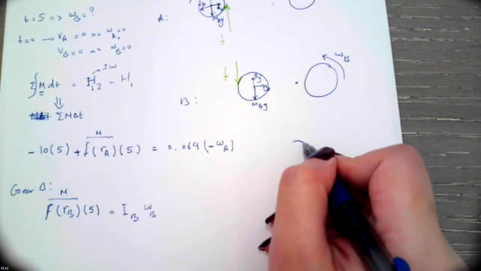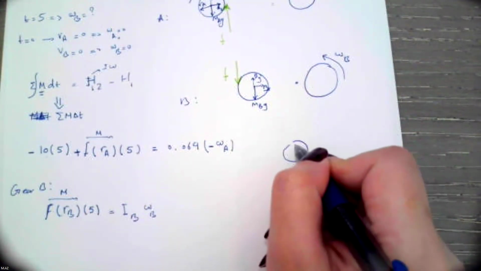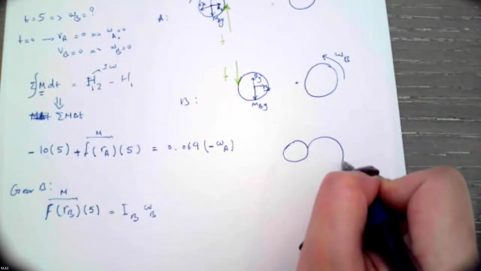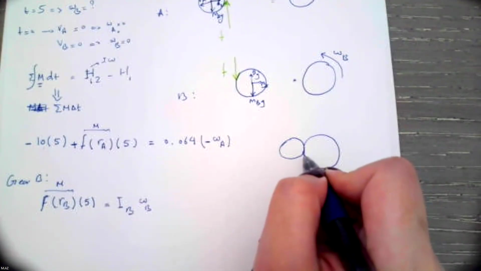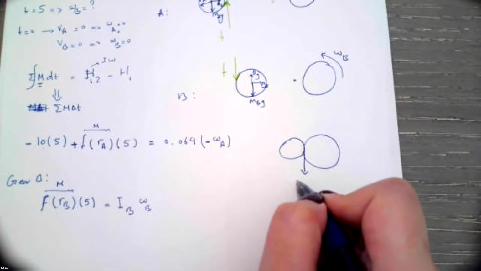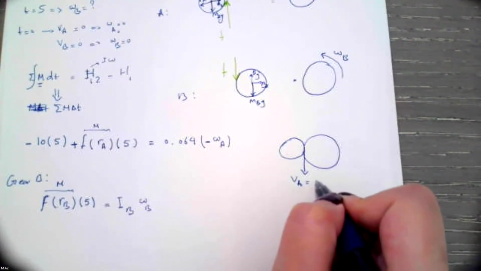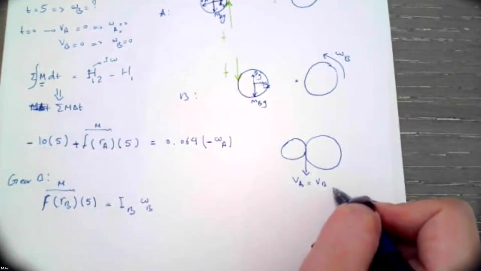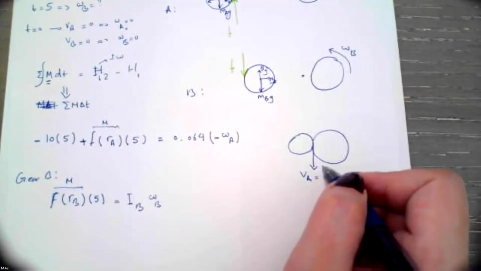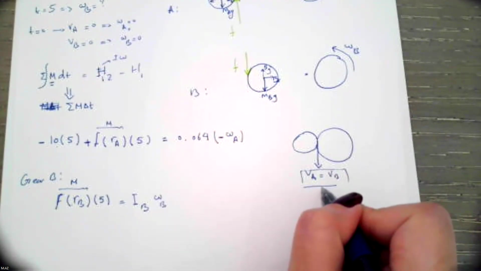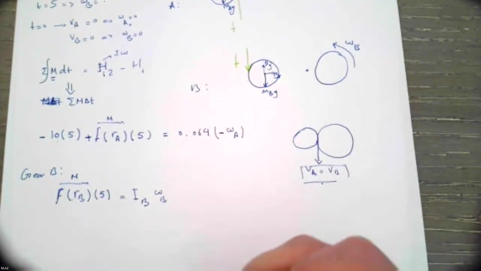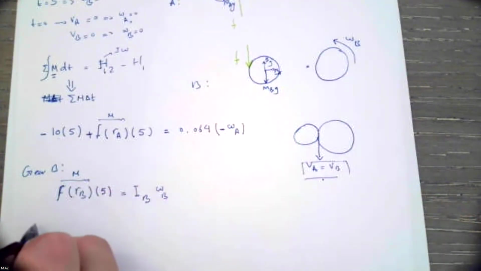We know that when gear A and gear B mesh together without any slipping, at the contact point gear A and gear B have the same velocity, and we can use this and write the third equation.